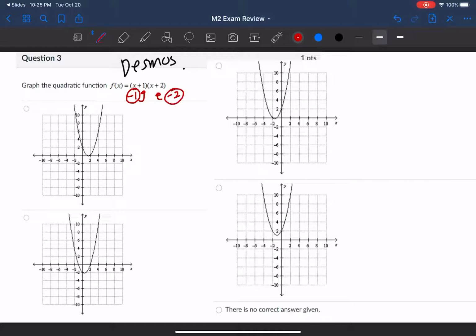Which means your x-intercepts have to be negative 1 and negative 2. When I look at the graph, this is not the answer, because it is a positive number. Negative 1 and negative 2 is right here. So my third one is the correct answer. Or otherwise you can use Desmos.